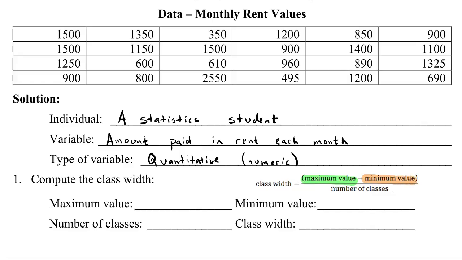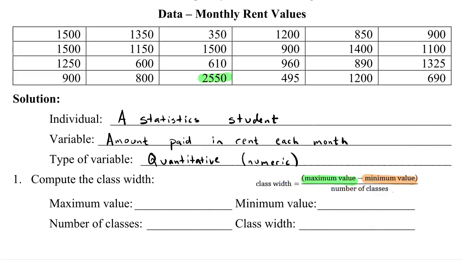And it can be a little bit tricky to go through a table and make sure that we actually have the maximum value in that table and the minimum value in that table. So here's the technique that I use. I'm finding the maximum value now. I look at the table and I look for a value that jumps out at me as being big. In this case, this 2550 jumps out at me as being a big number.